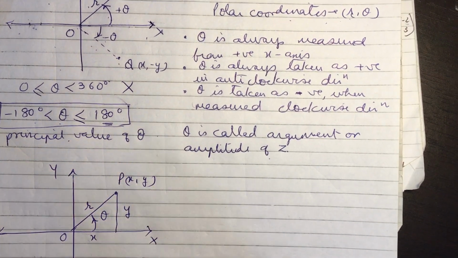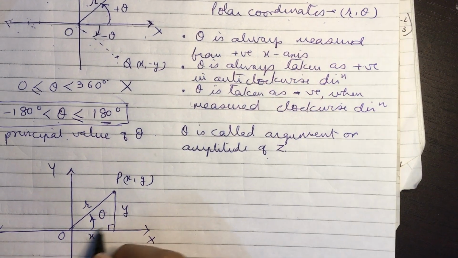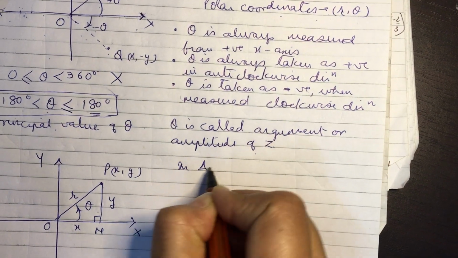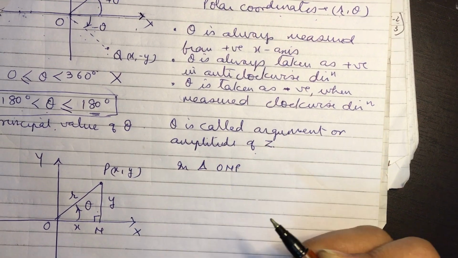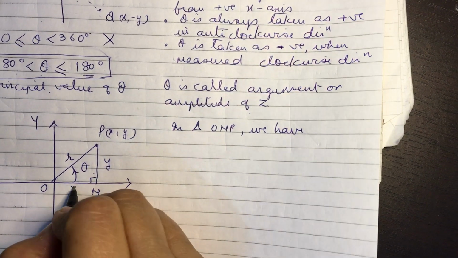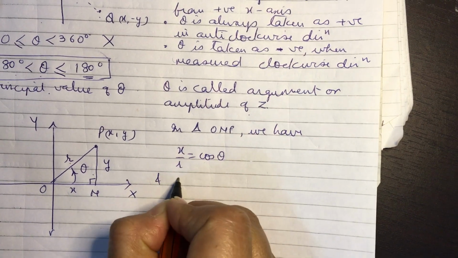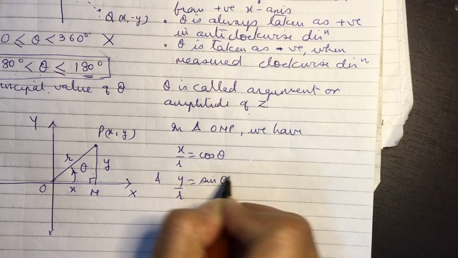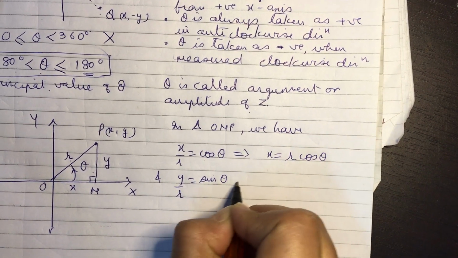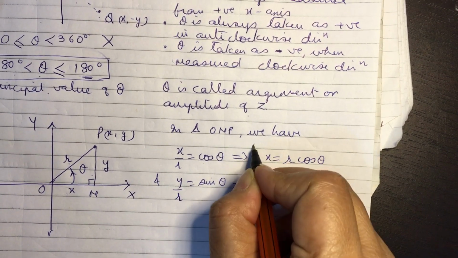Let us say this is N. In triangle ONP, we have x upon r equal to cos theta and y upon r equal to sin theta. This gives us x equal to r cos theta, and y equal to r sin theta.